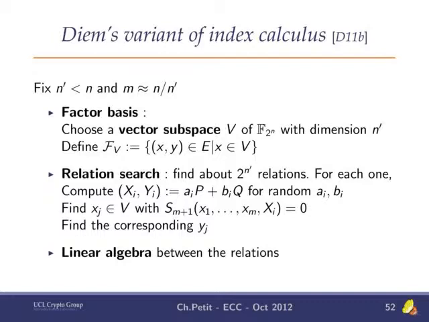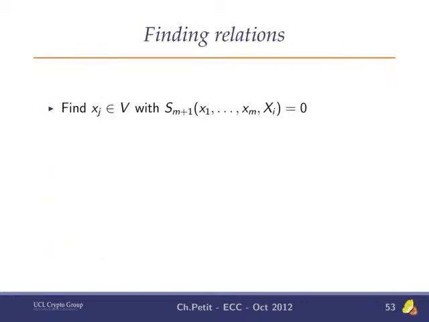And so relation search amounted to solving the summation polynomial here with the additional constraints that the x_j belong to the subspace.